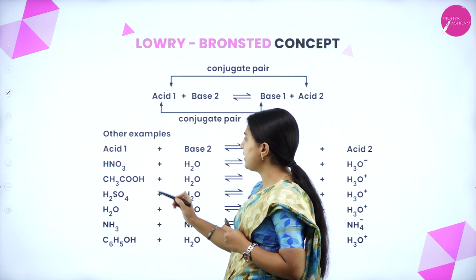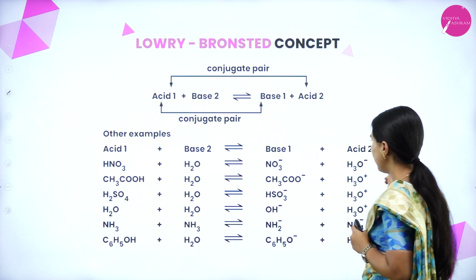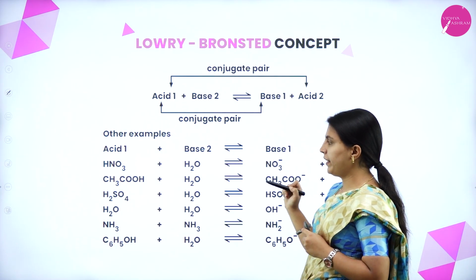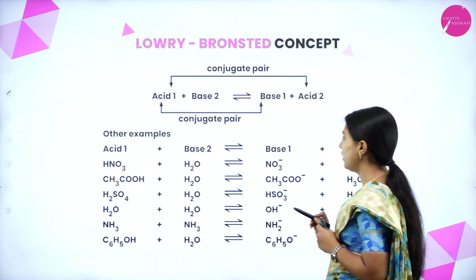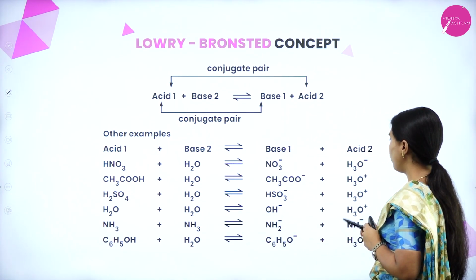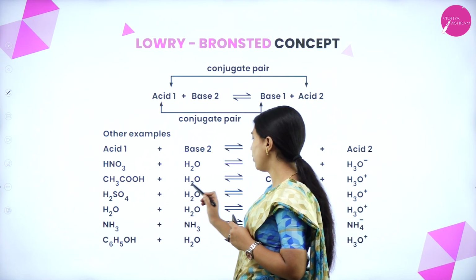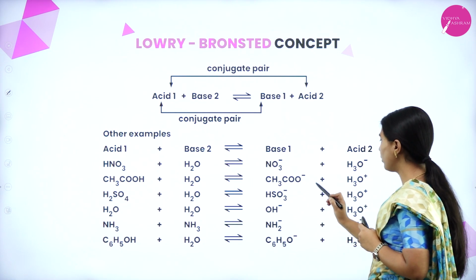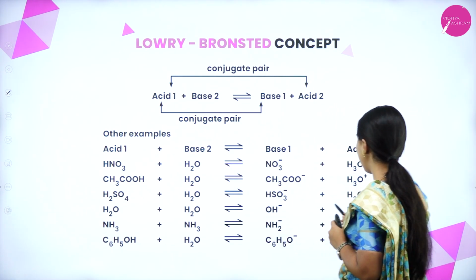See here examples: HNO3, that is nitric acid, in water will liberate H3O+ and nitrate NO3-, and acetic acid reacting with H2O gives CH3COO- and H3O+. Sulfuric acid H2SO4 treated with water gives HSO4- and H3O+. In water and water, OH- and H3O+.